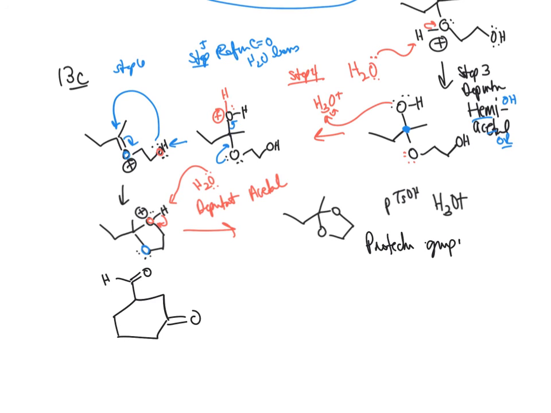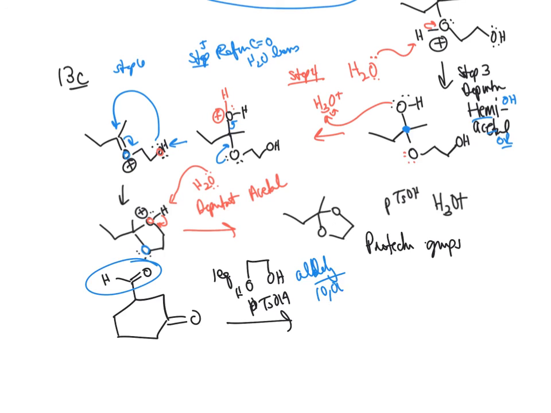Okay, so what you can do is you can add 1 equivalent of para-toluenesulfonic acid, and you can protect the aldehyde. Okay, so aldehydes react about 10,000 times faster than the ketone.